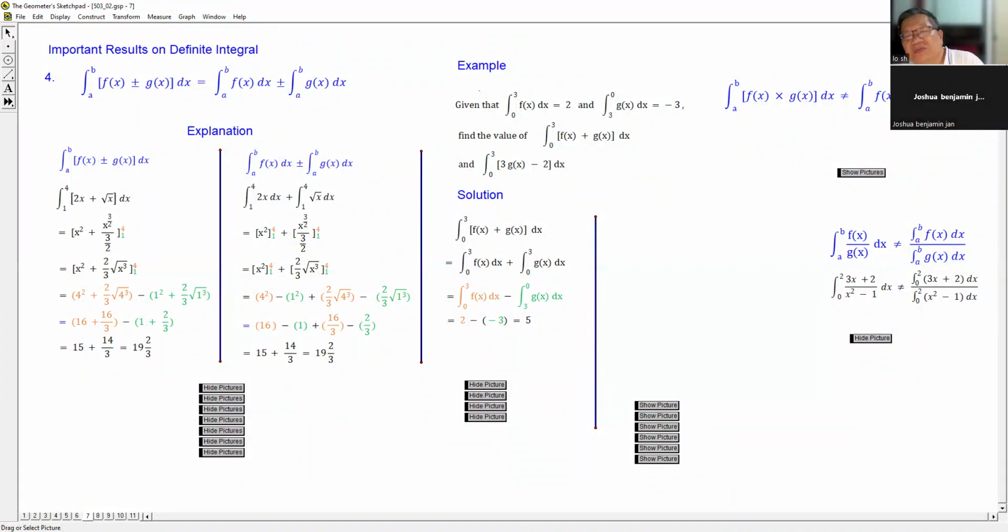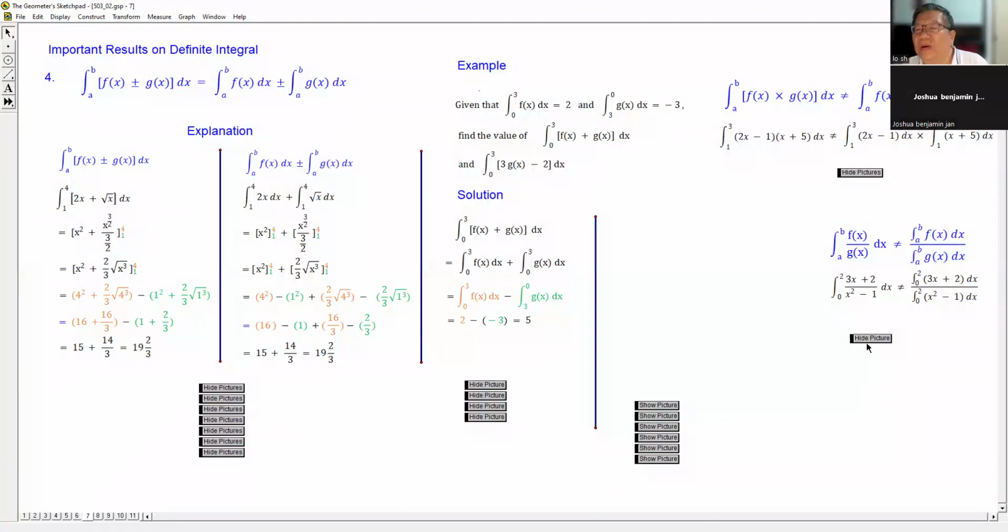Multiplication is not true for definite integrals. Another one is like this. Let's say you have two functions like this, 2x minus 1 and x plus 5. You cannot separate them and integrate each factor separately. Cannot. X plus 5 cannot.